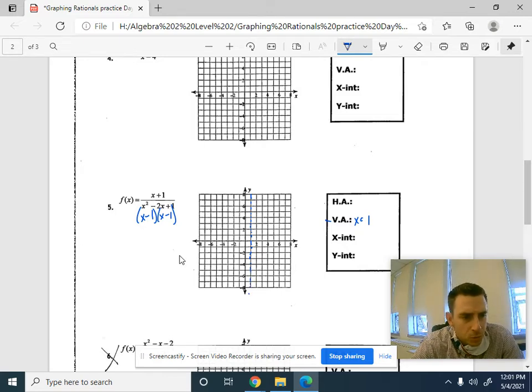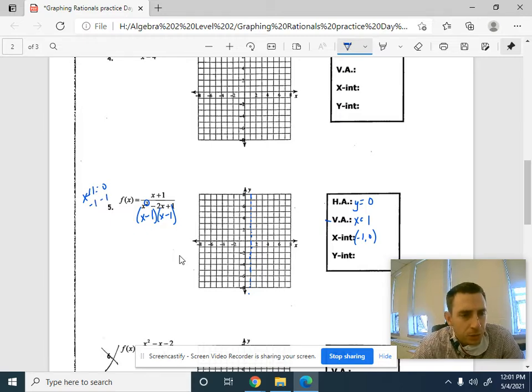There are situations when your bottom exponent is going to be larger than the one in the top. As I said in class, the bottom is bigger. When that happens, the horizontal asymptote will always be 0. Our x-intercept, numerator equal to 0, we're going to get -1. Again, if you need to, go off to the side, set it to 0, and solve.